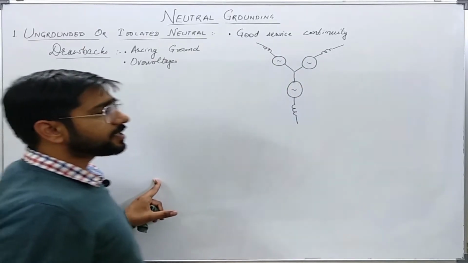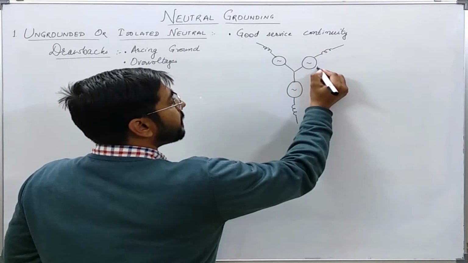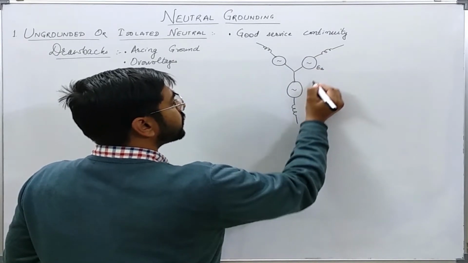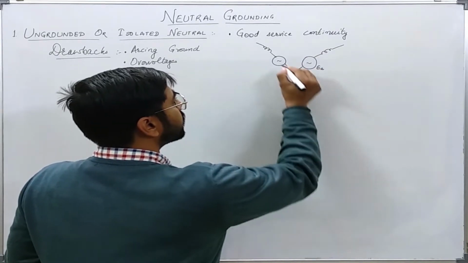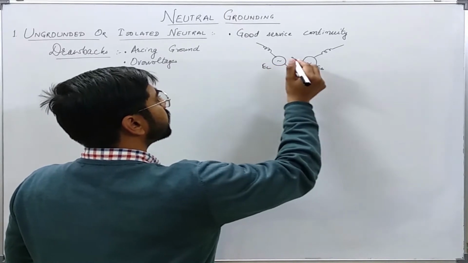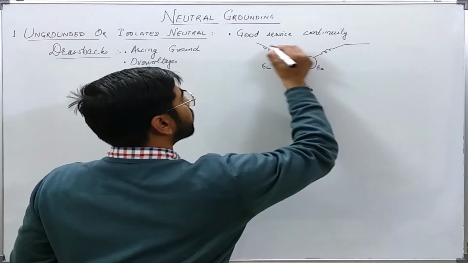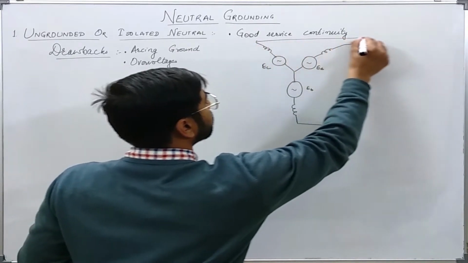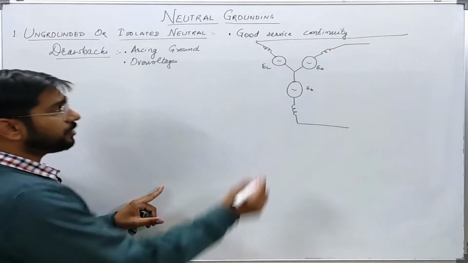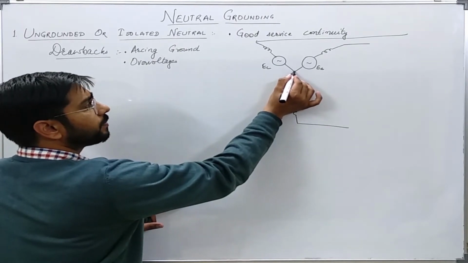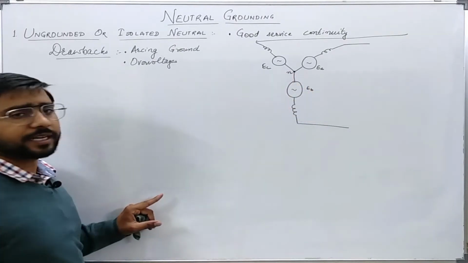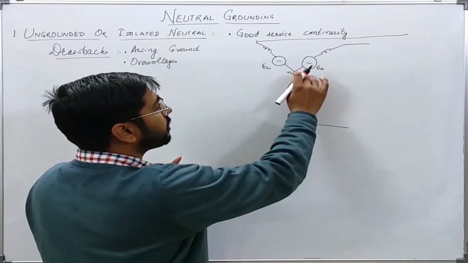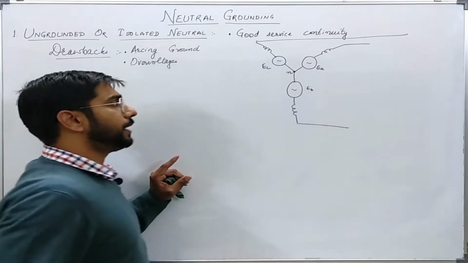Okay, and this generator is generating balanced voltages. Now this neutral point of this generator is not connected to the ground, that is, it is just like this only.